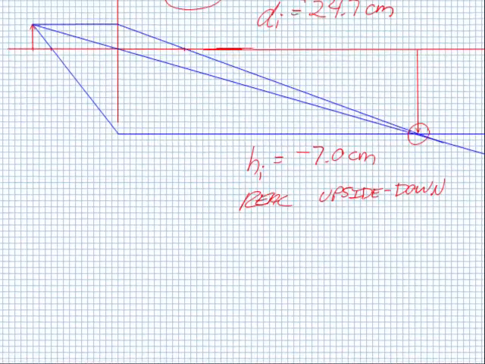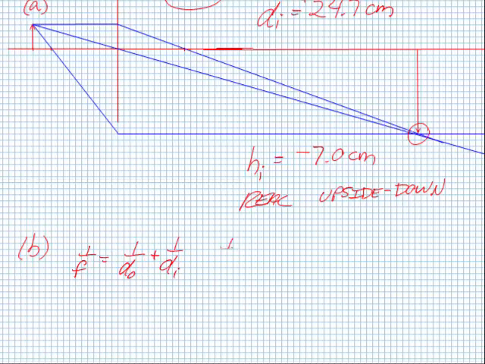Now let's go ahead and redo the same problem using the thin lens equation. Part B. 1 over f equals 1 over do plus 1 over di. And therefore 1 over di is equal to 1 over f minus 1 over do.